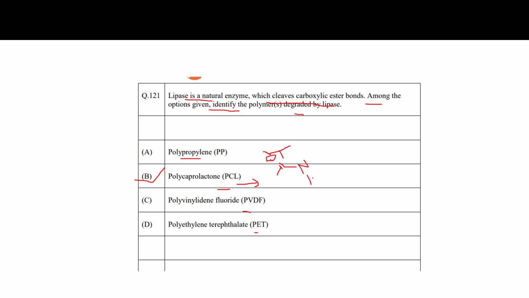Next is PVDF, polyvinylidene fluoride. It will be like this, where hydrogens of ethylene are replaced by fluorine.